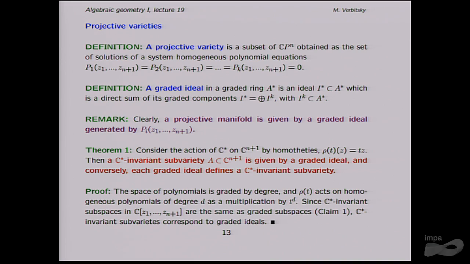A projective variety is a subset of CP^n, projective space, defined by a system of homogeneous equations.